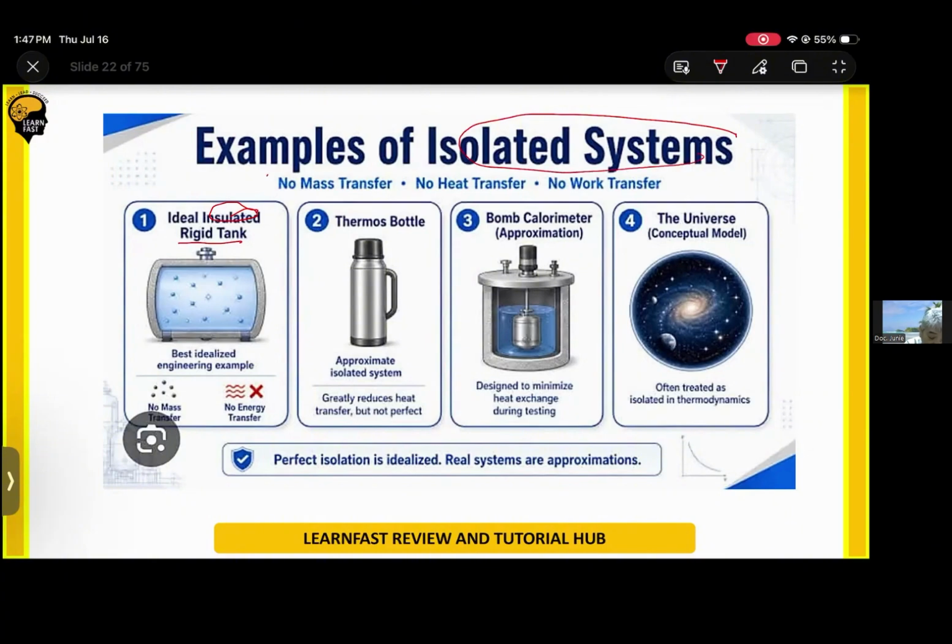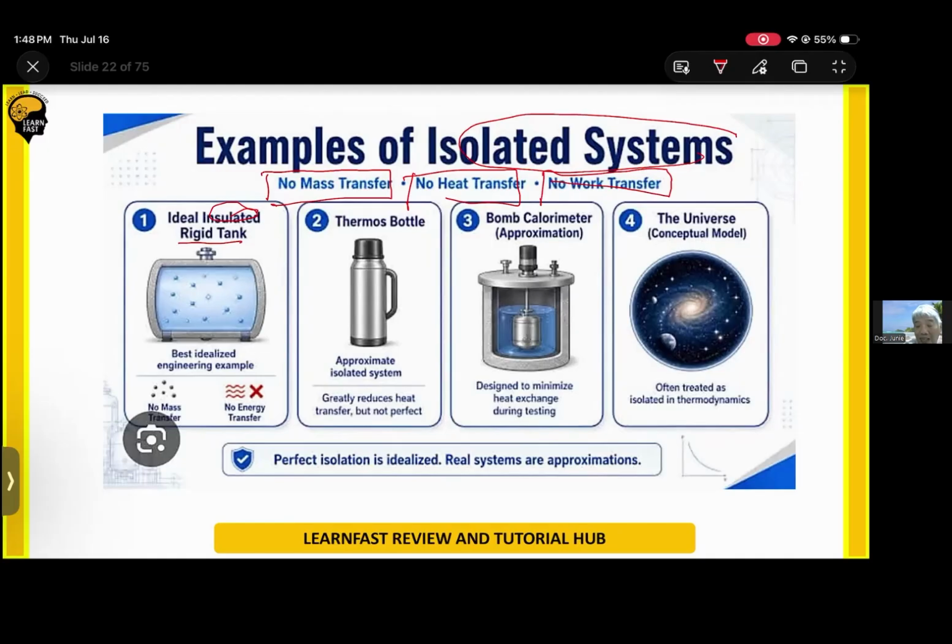Pakitanda yan ha, no mass transfer, no heat transfer, no work transfer. In a thermos bottle, remember, that isolated system will greatly reduce the heat transfer.